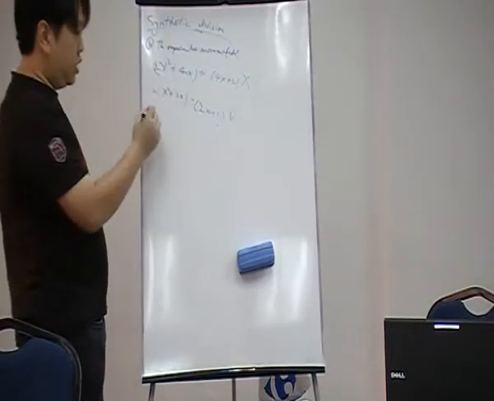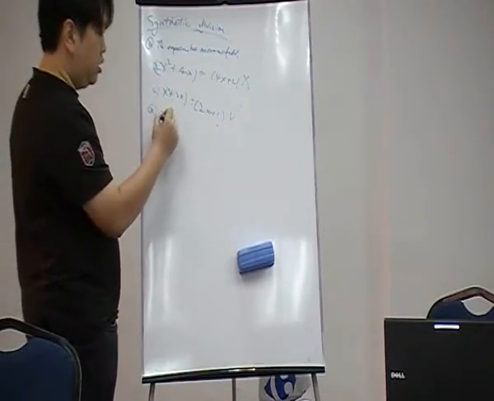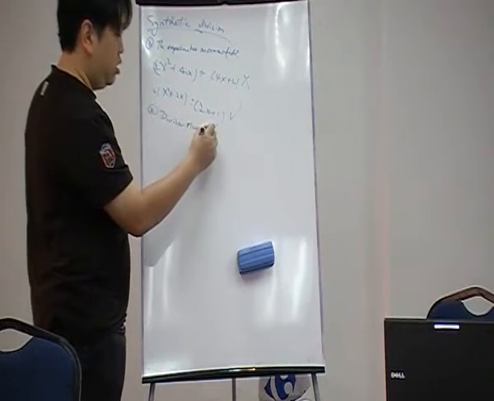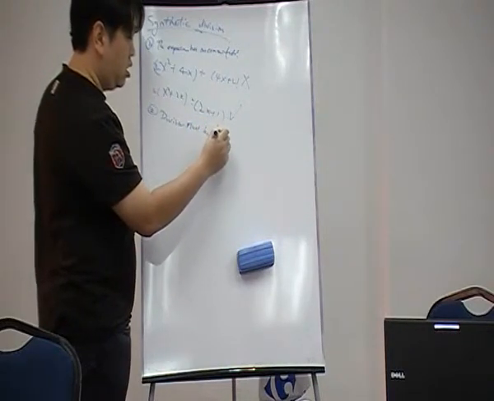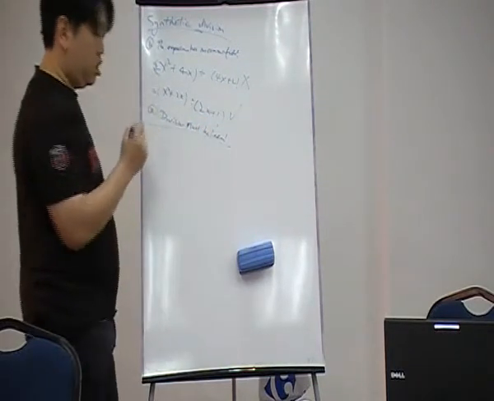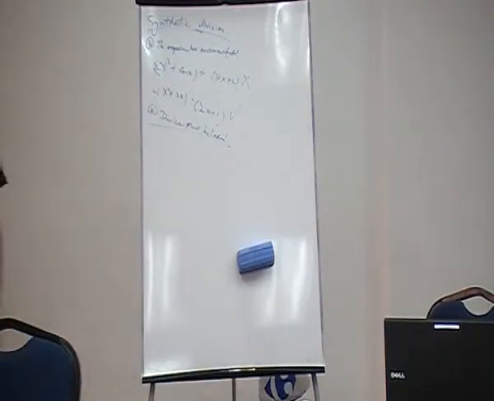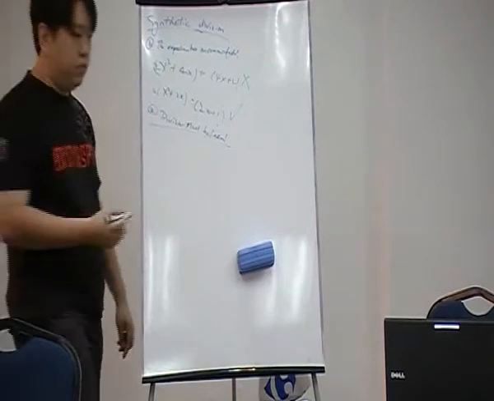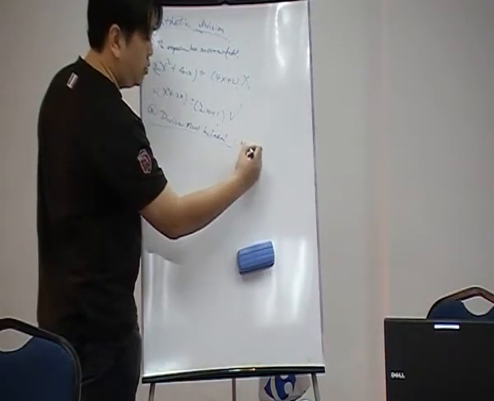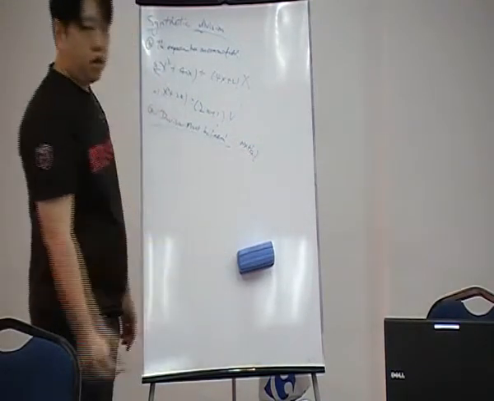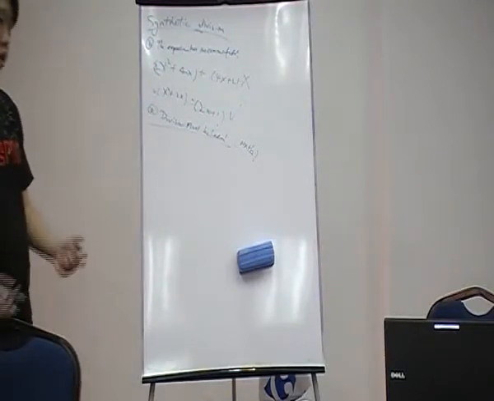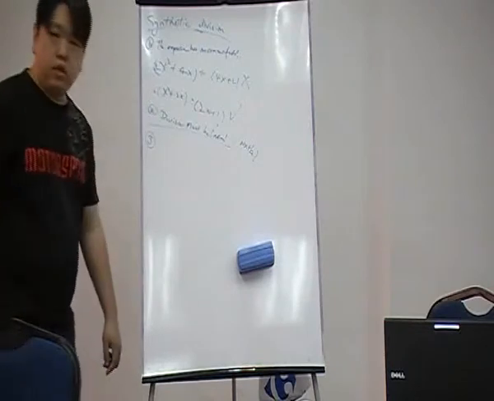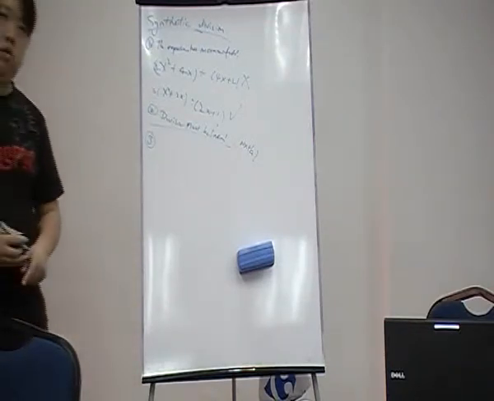That's the first. Second one, the divisor must be linear. So you cannot do anything more than a linear divisor. That means the divisor must be in the form of ax plus b. Cannot be anything more than that. Third thing is that the degree can only be 1 and 0.